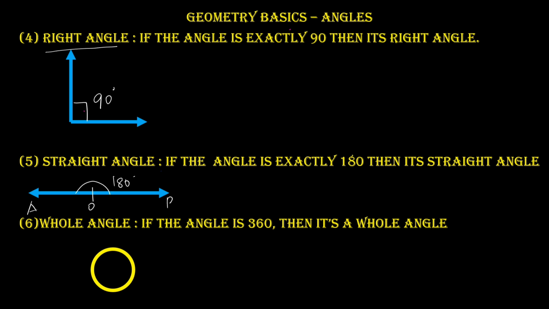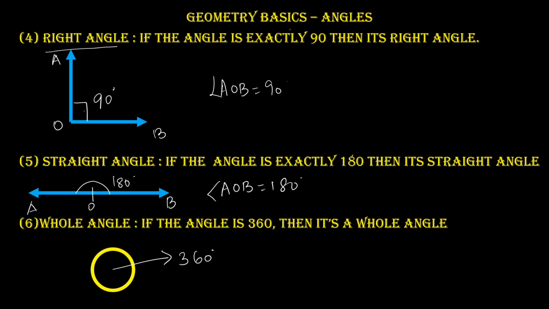Here you see angle AOB equal to 180 degree, then it is a straight angle, right? Here if you take AOB, angle AOB equal to 90 degree, right? And if you take a circle, the whole angle of the circle is 360 degree, and it is called the whole angle.